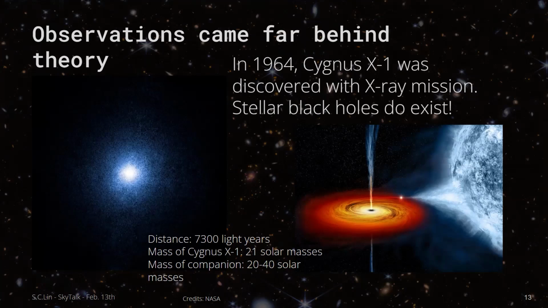And when a black hole eats things up, it also throws things away. As you can see in this theoretical depiction, there are two bipolar jets coming out from the black hole. So this is the very first object where we confirmed, or indirectly confirmed, that black holes are actually existing objects in our universe.